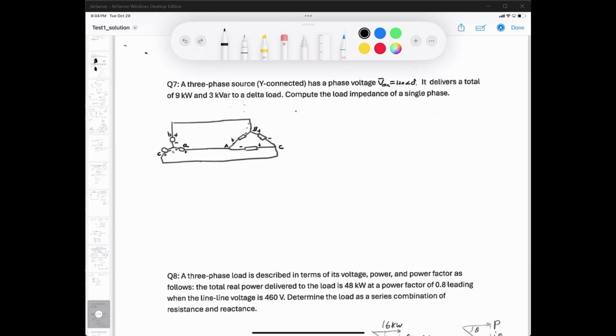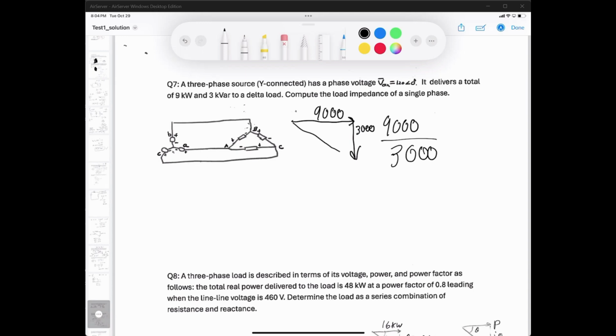So we take 9,000 and divide it by 3,000, because this is 9,000, the real, and this is the imaginary.